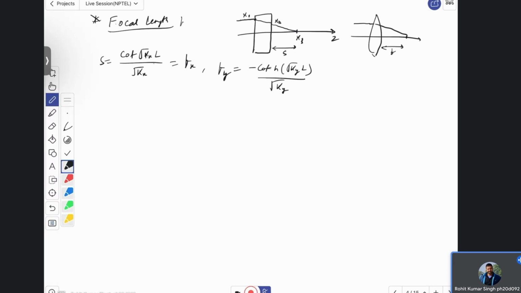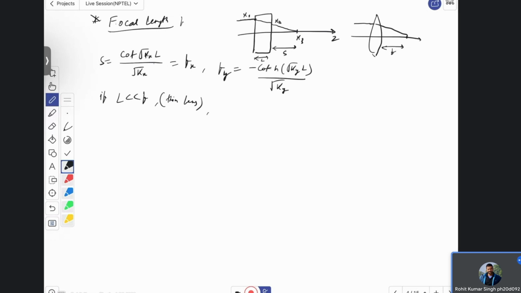And so here, if we have a very thin lens, that is, if L, the length of the quadrupole lens, is very small compared to the focal length itself, this is the condition for a thin lens.